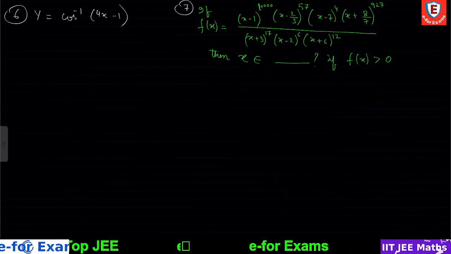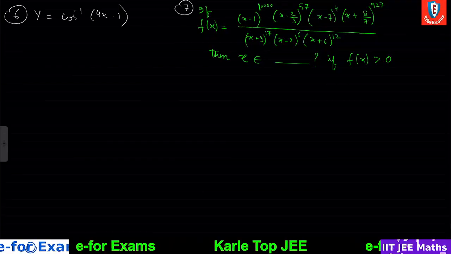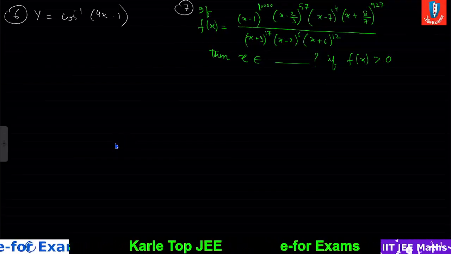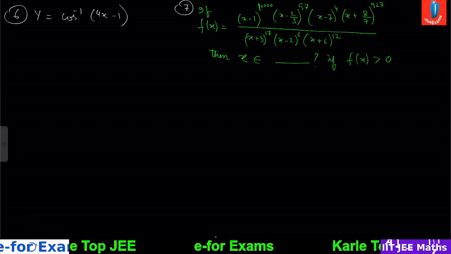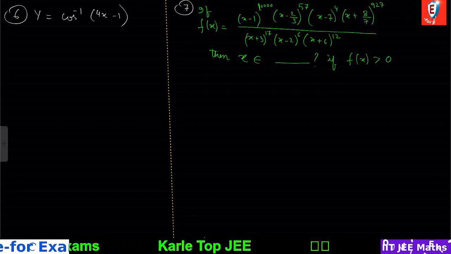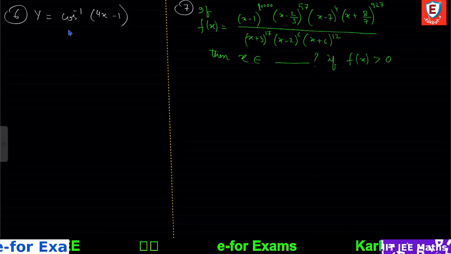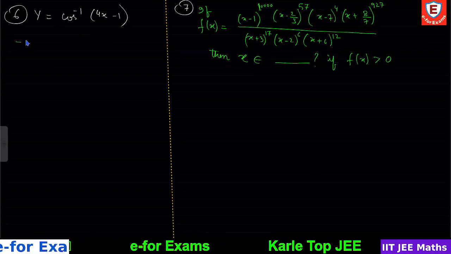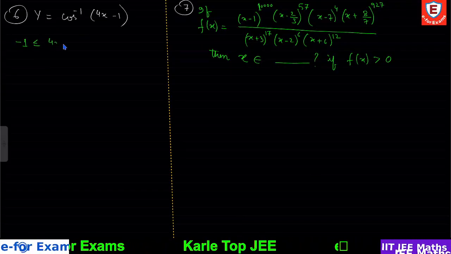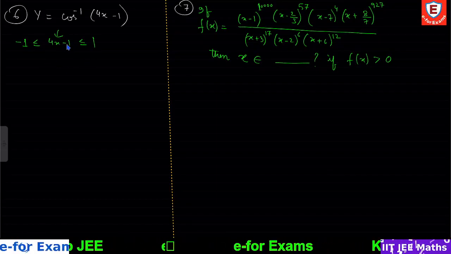Next, only some 3 questions. Here, minus 1 less than or equal to 4x minus 1 less than or equal to 1. We have to reduce this to only x. We have to remove the minus 1 and the 4.